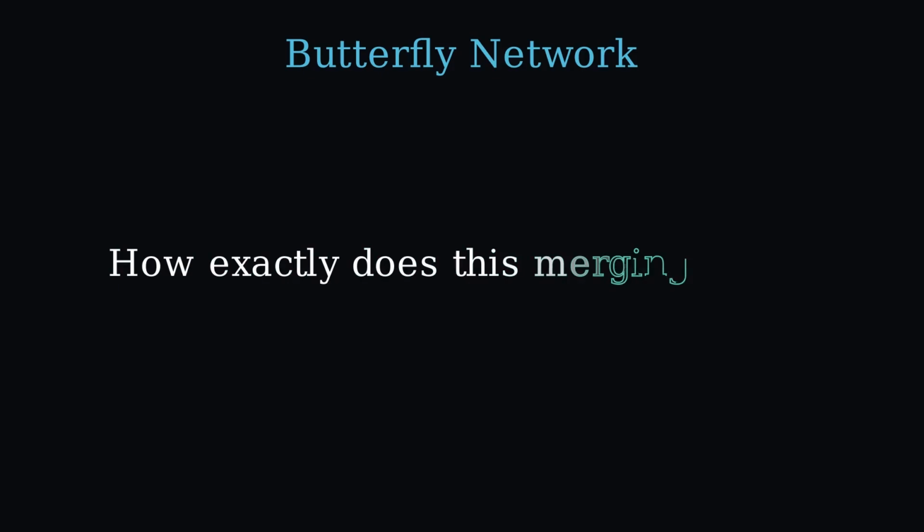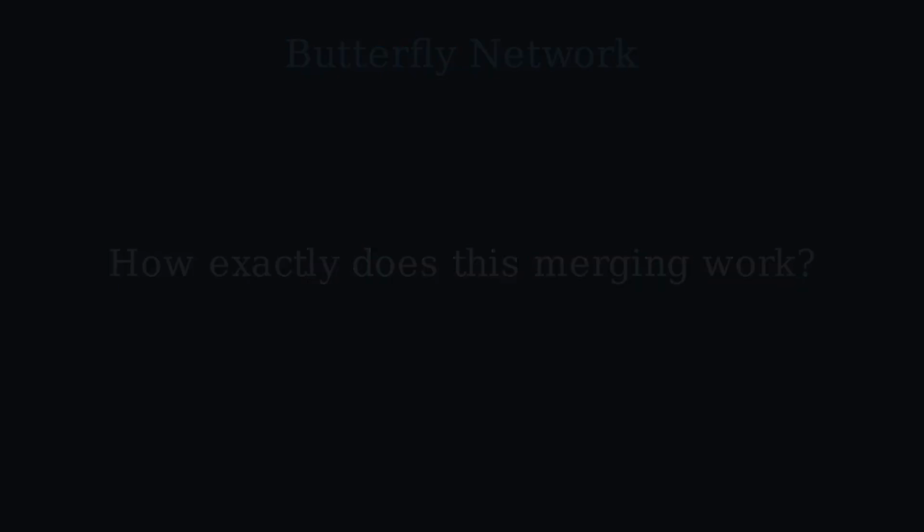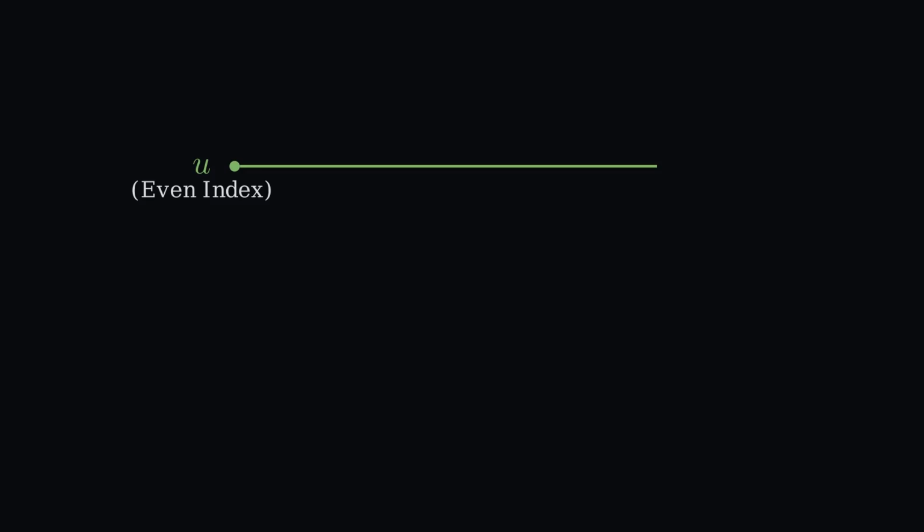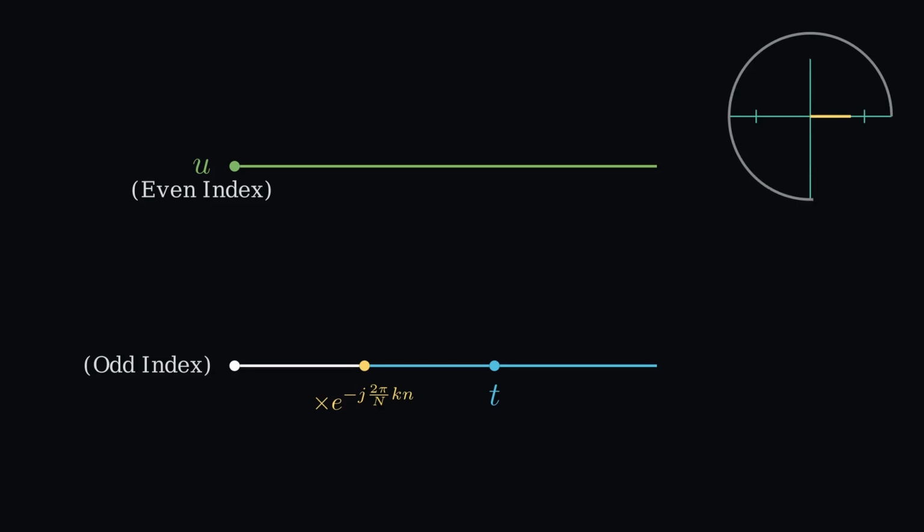But how exactly does this merging work? To combine the two streams of data, we grab an element from the upper half of our block, let's call it U, our even index data, and then we grab an element from the lower half, which we multiply by our spinning Twiddle factor to get the rotated value, T, which is our odd index data. Because circles are symmetrical, spinning a Twiddle factor halfway around the circle is the same as multiplying it by i squared, or minus 1.